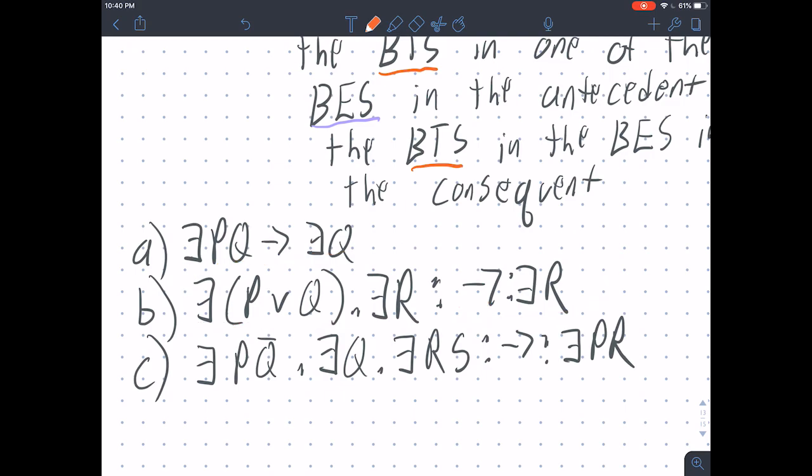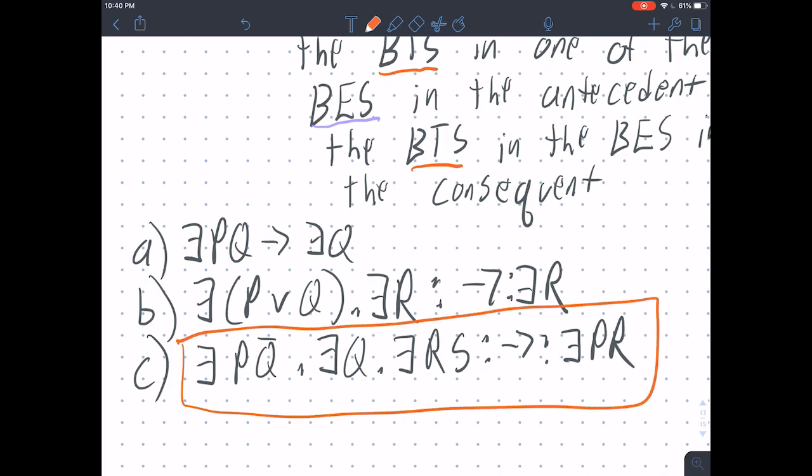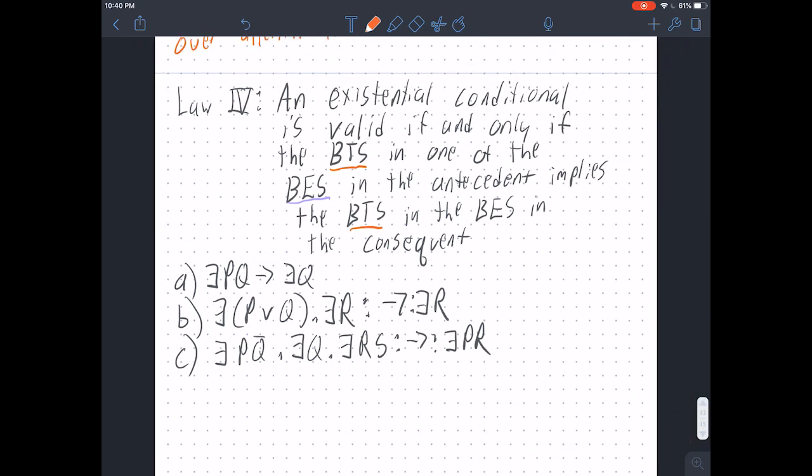For this last one, same thing. The whole thing is a conditional. The antecedent is a conjunction of Boolean existence schemata, and the consequent is a single Boolean existence schema. So these are all existential conditionals.